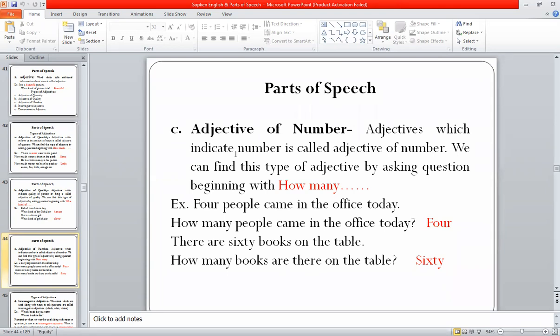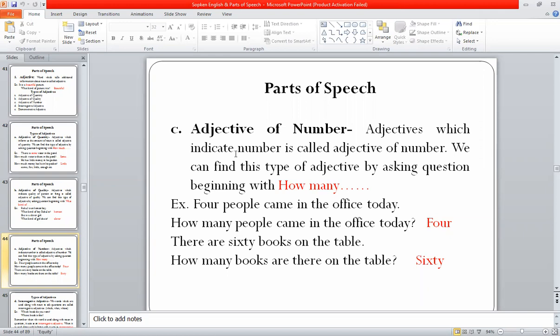We can find this type of adjective by asking a question beginning with how many. Okay, so let's see its example.